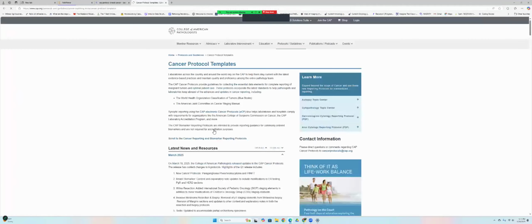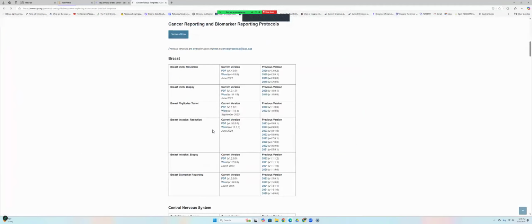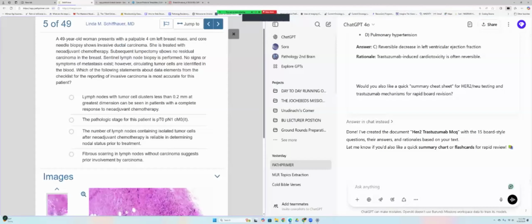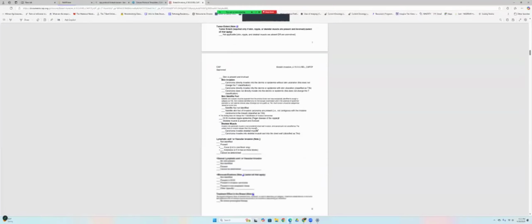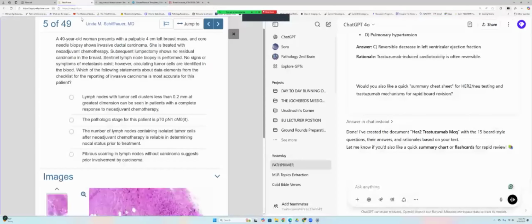Let me try to answer it before we go to the CAP protocol. What do you think it is? I'm saying what T staging is this cancer? A 4 cm breast cancer. Okay, T2. Yeah. Okay, very good. It's T2. Let me look at the question.